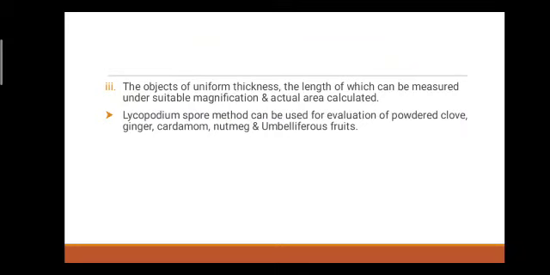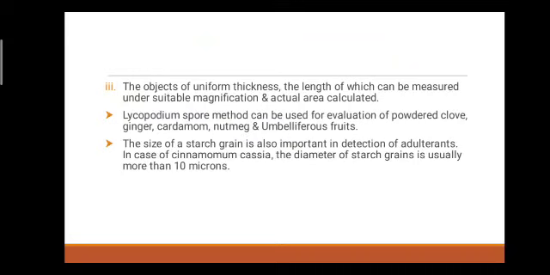Lycopodium spore method can be used for evaluation of powder clove, ginger, cardamom, nutmeg, and umbelliferous fruits. The size of a starch grain is also important in detection of adulterants. In case of cinnamon, cassia, the diameter of starch grains is usually more than 10 microns.